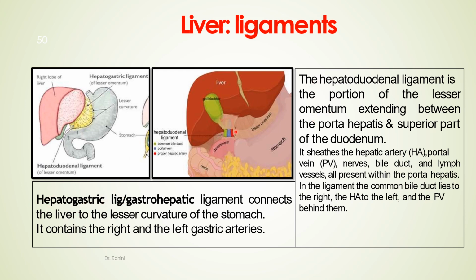The other part, extending from the liver to the duodenum, is called the hepatoduodenal portion. Its contents form the right free margin of the lesser omentum, where we have the portal vein in the posterior part, and the hepatic artery and bile duct. They form the important anterior boundary of the foramen of Winslow.